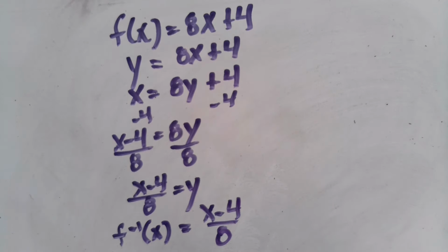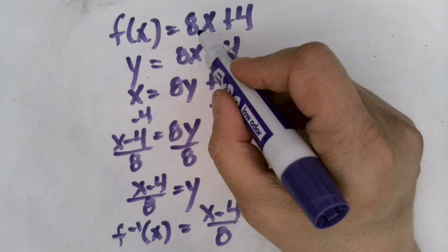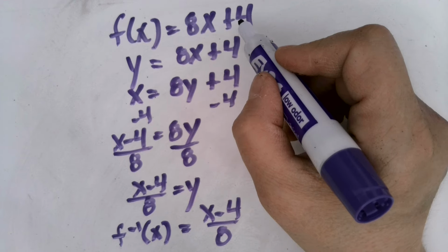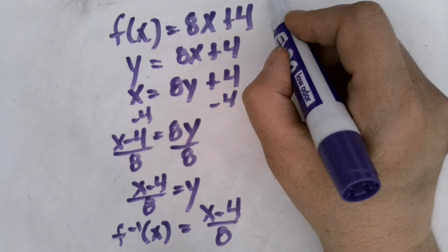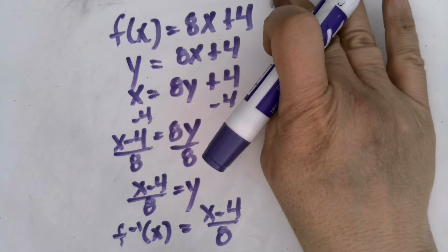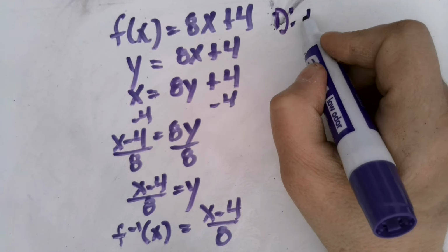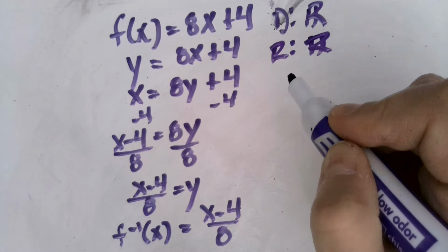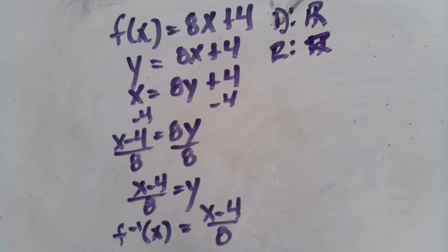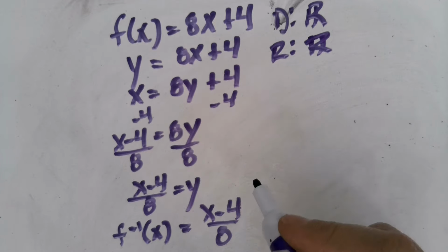I'm going to use this new problem, since it was very similar, to explain domain and range. If I graph this function 8x plus 4, we know that that's going to give me a line. You can graph it on your calculator and know that it gives you a line. So I know that my domain is all real numbers and my range is all real numbers, because my x values go on forever and my y values go on forever.